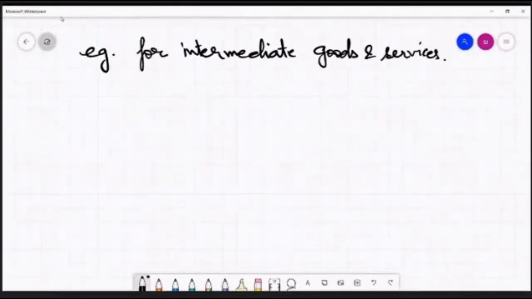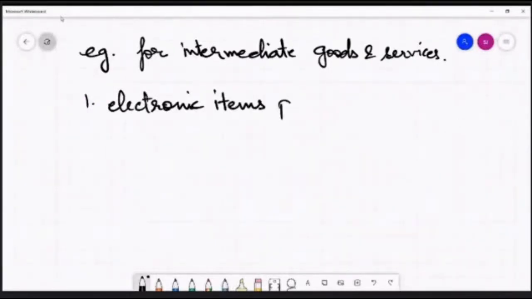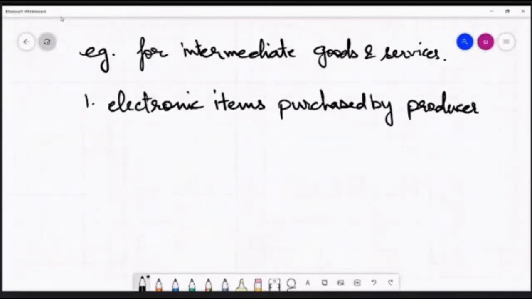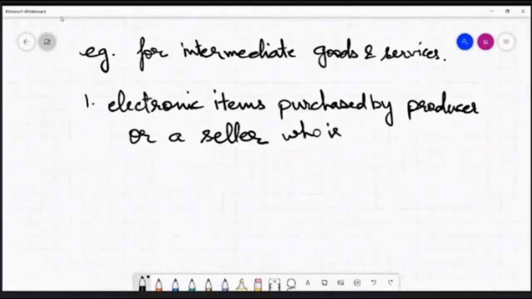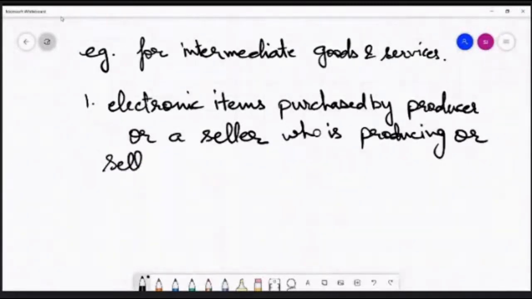So first example can be electronic goods, electronic items purchased by a producer or a seller who is producing or selling some other good.